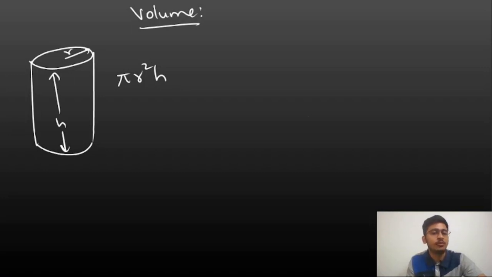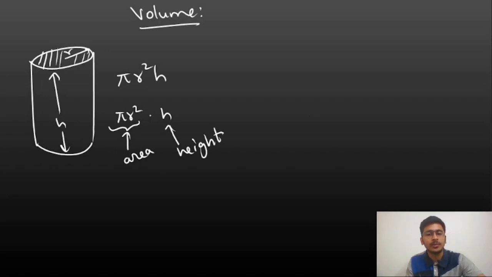I can split this into two parts: pi r square multiplied by h. This pi r square is nothing but the area of cross section, which is a circle. The area of this circle, pi r square, times the height h, gives you the volume.